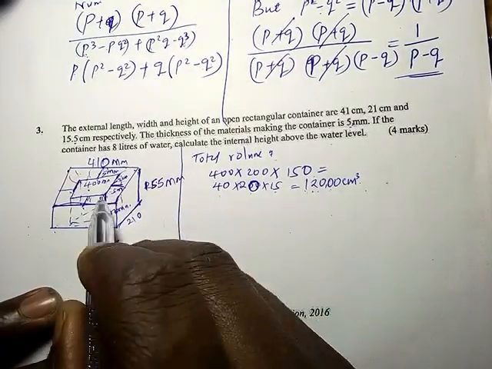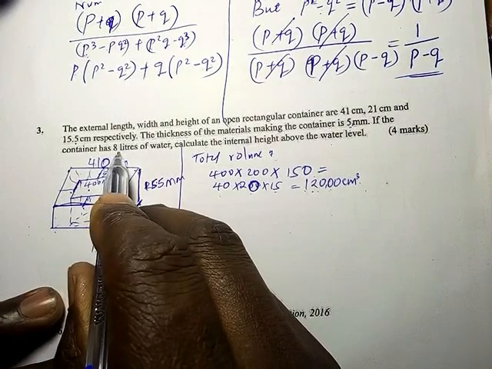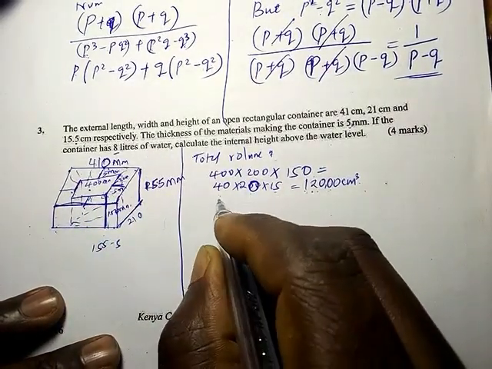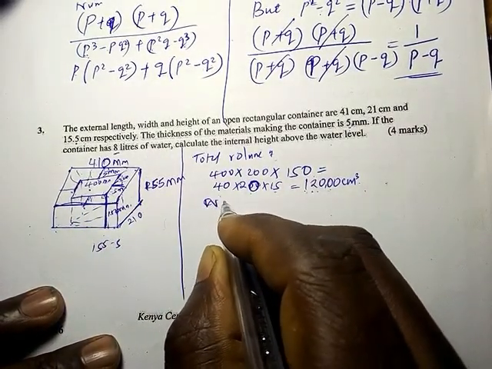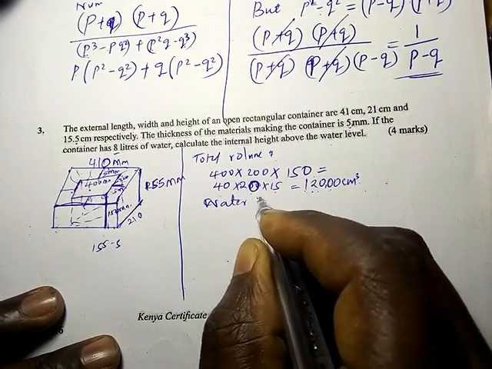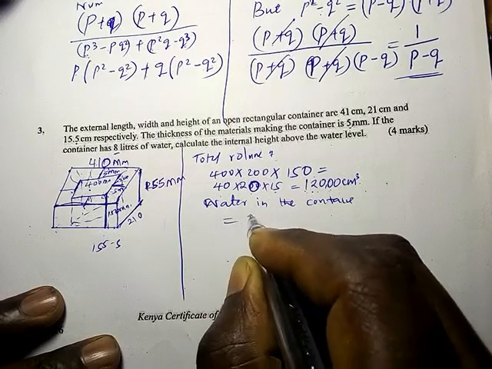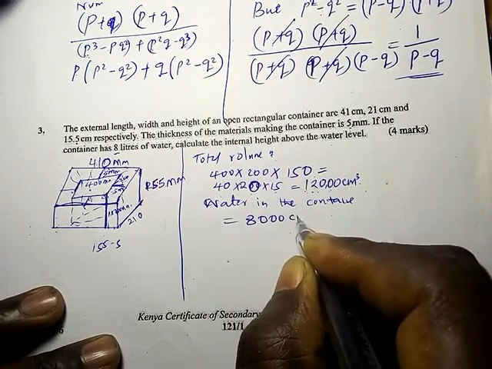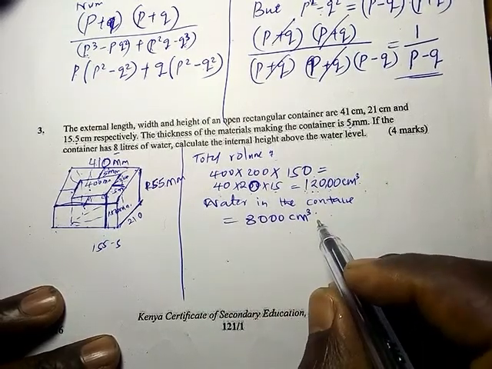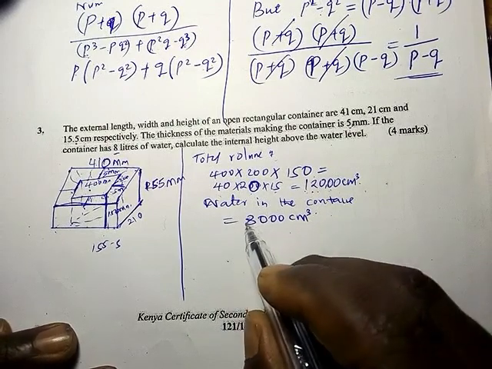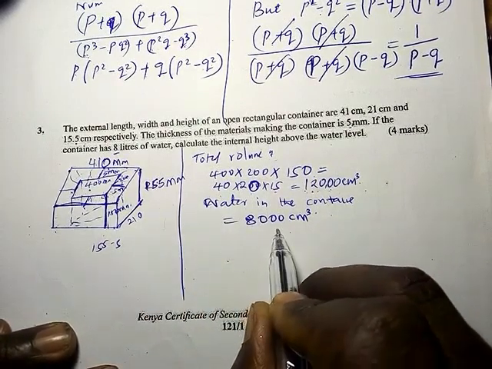But we have been told already it has 8 liters of water. So the water in the container is equal to 8,000 centimeters cube, because we know 1,000 centimeters cube is equal to 1 liter, so we have converted 8 liters to centimeters cube.